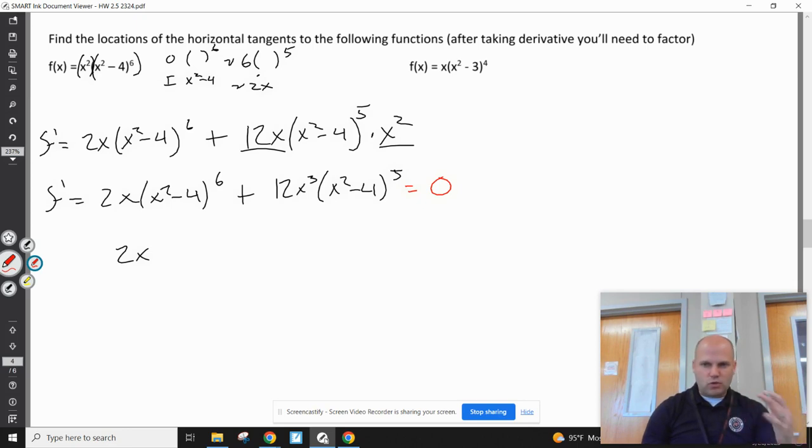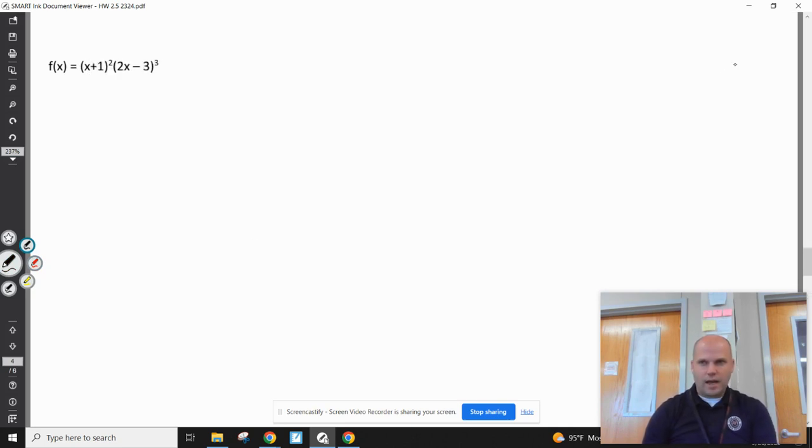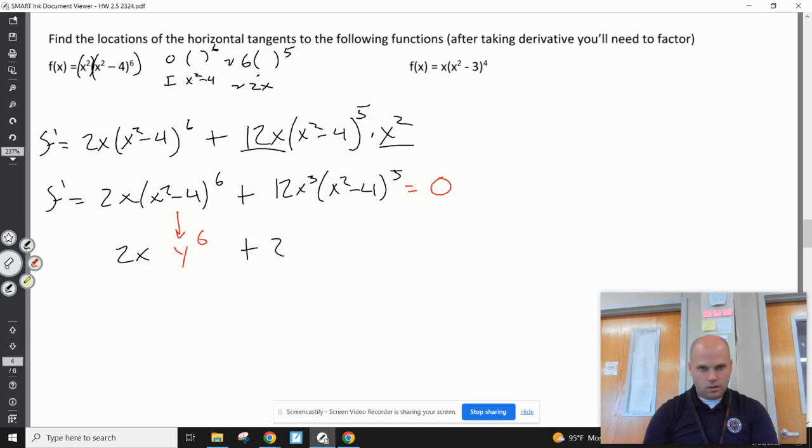I don't want to confuse you by putting in y because this is not like a y coordinate, but I'm going to do it because I've done it before and it makes sense if you see it later. It can be anything, and it's going to be y, and that's to the 6th power. So I still have 12x cubed. I'm going to replace x squared minus 4 with y.